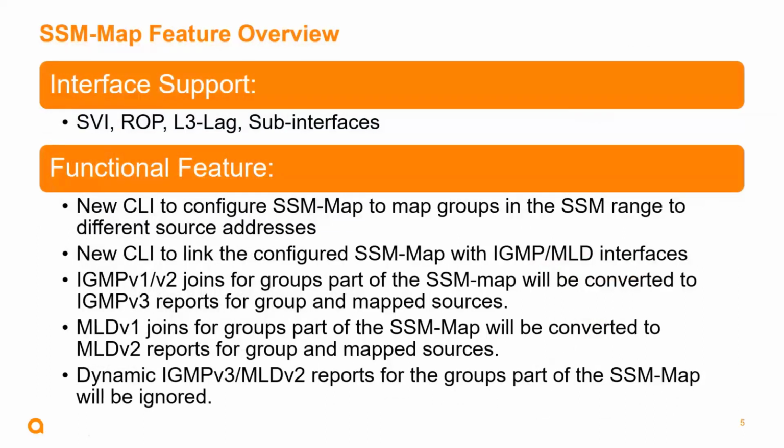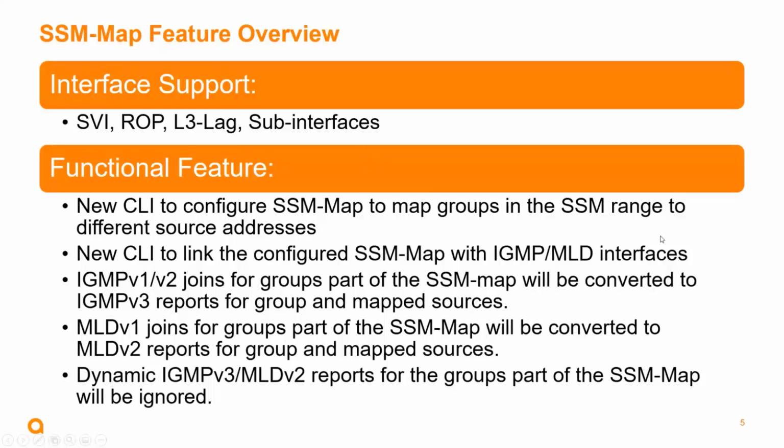At least for now, we're trying to handle the legacy clients that do not support IGMP version 3. And then for interface supported options, we have your L3, basically the SVI, the routed-only ports, the L3 LAG, and sub-interfaces.